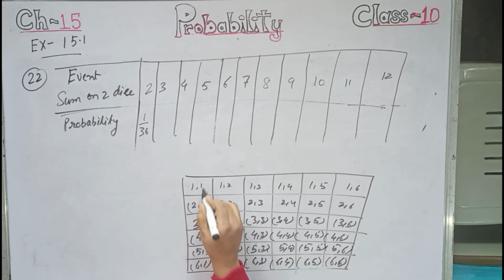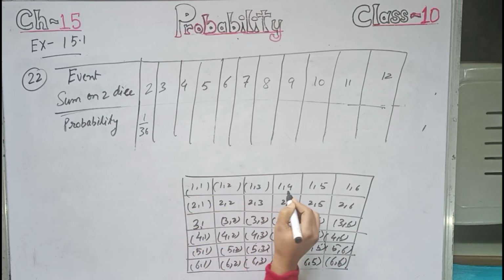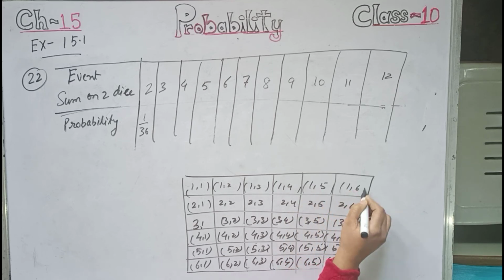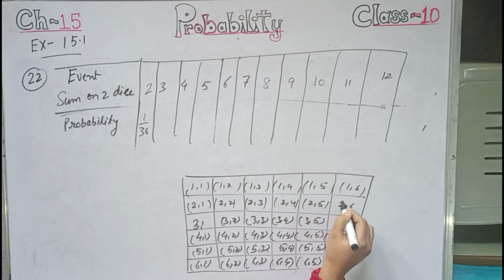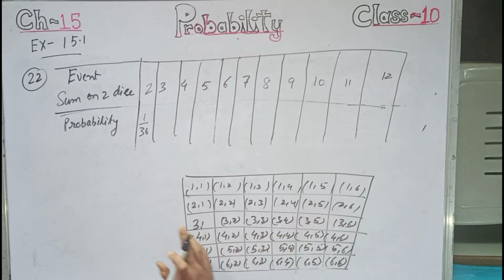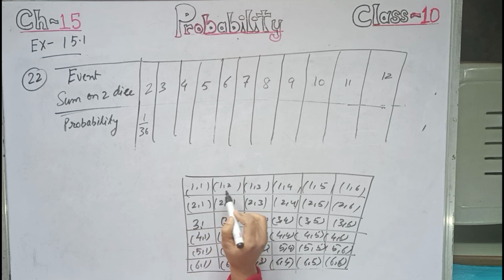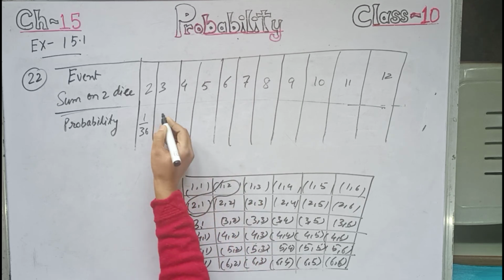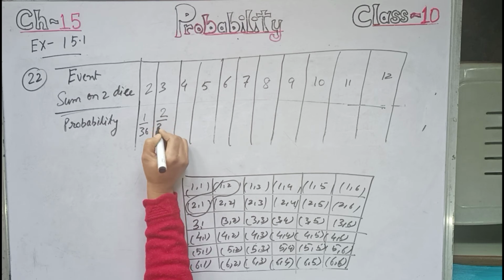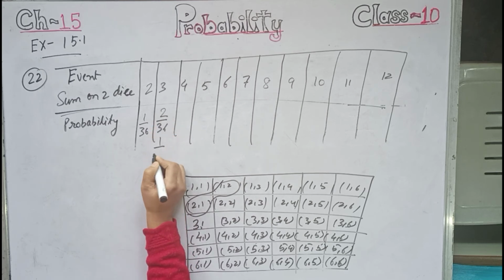Okay, so now what we have to do: the sum as 2 is only 1, the sum as 3 is these two, so it will be 2 by 36, which equals 1 by 18.